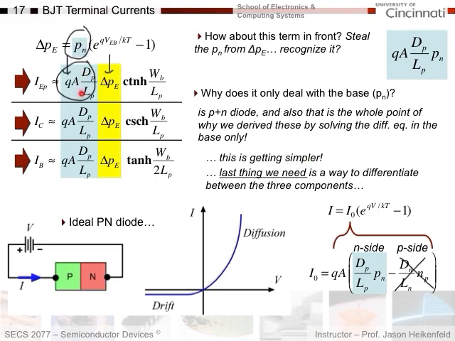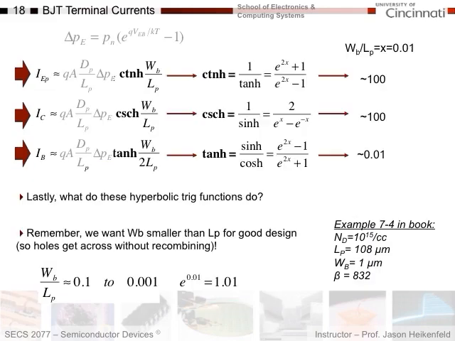The last thing I need then is some way to differentiate between these components, because if I look at these right now, these parts of the equations are all identical. And so something must be off because I know they're not identical. So that brings us to this final term out here. So what do these hyperbolic trigonometric functions do?